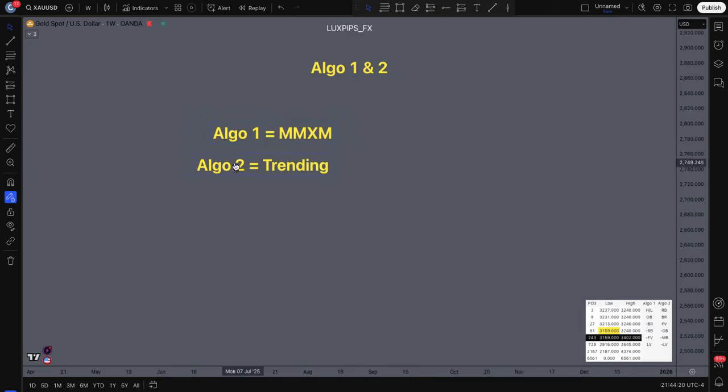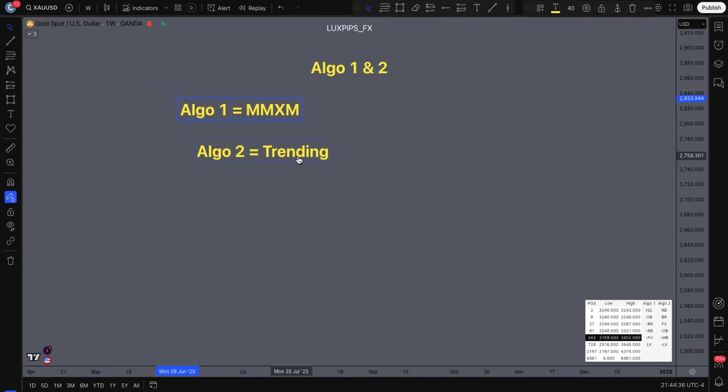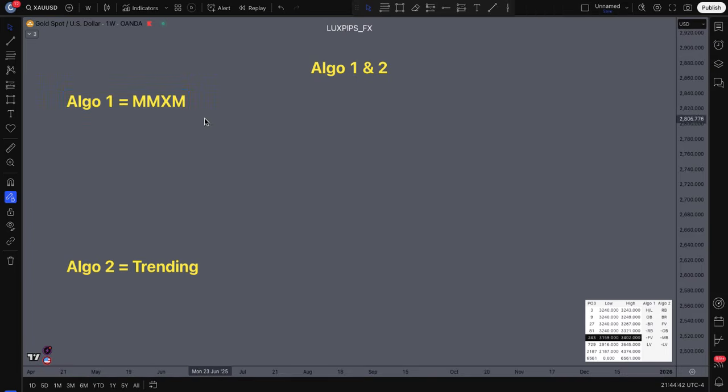That being said, I'm going to say that Algo 1 and Algo 2 go hand in hand. They are separate, but they go together. And you'll see why in a little bit when I go over the real data examples. So in Algo 1 and Algo 2, we expect price to form a sequence in its structure.